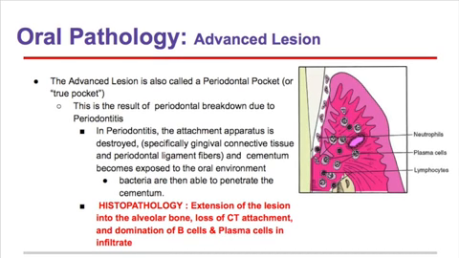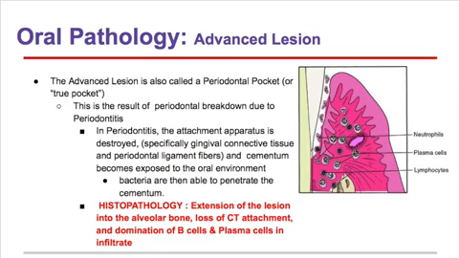Slide number 18 is a continuation of oral pathology in which we will discuss the advanced lesion. The advanced lesion is also called a periodontal pocket or true pocket. This is the result of periodontal breakdown due to periodontitis. In periodontitis, the attachment apparatus is destroyed, specifically gingival connective tissue and periodontal ligament fibers, and cementum becomes exposed to the oral environment.